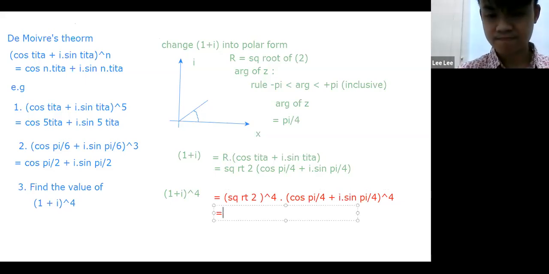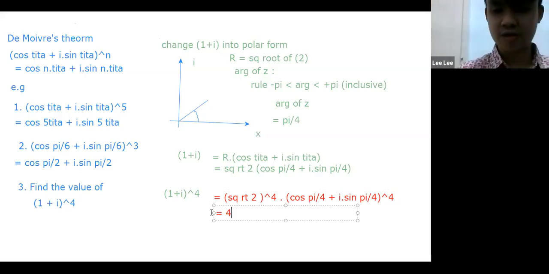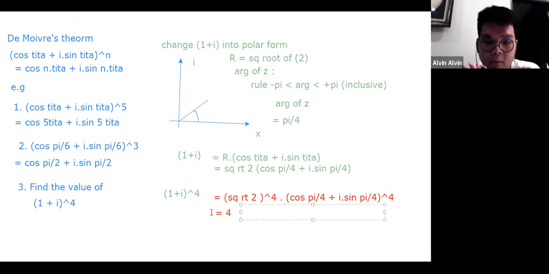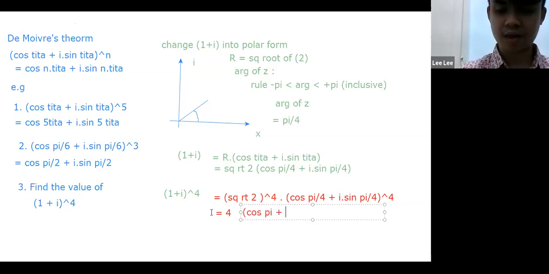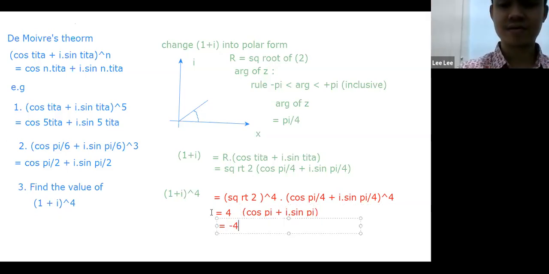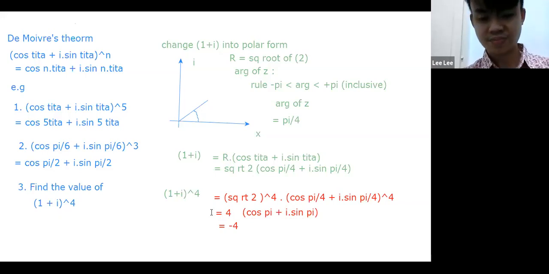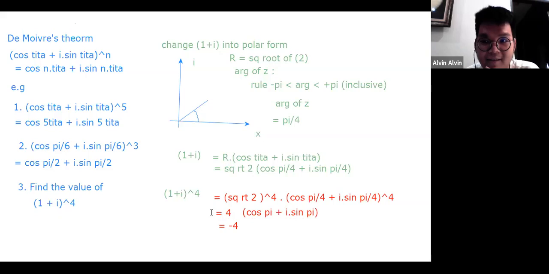Then using de Moivre's theorem, it gives cos pi plus i times sin pi. Cos pi is -1, so the answer is -4. Sin pi is 0, sin 180 is 0.